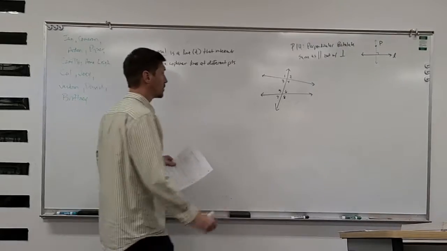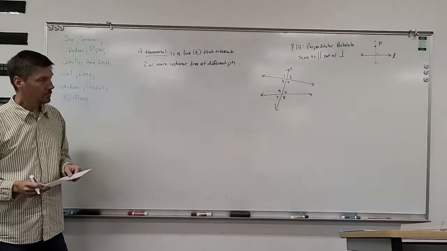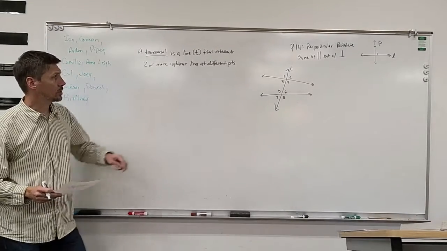So this is what I label as T. This line here intersects these two coplanar lines here.